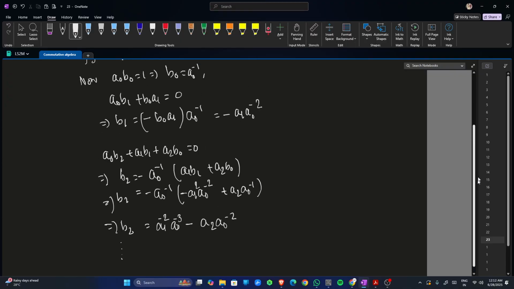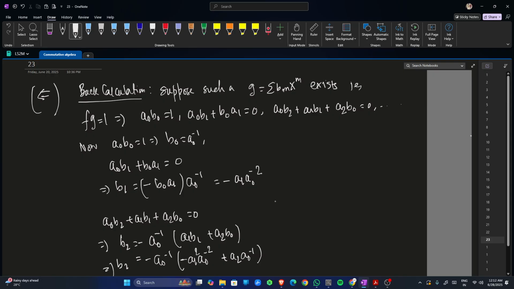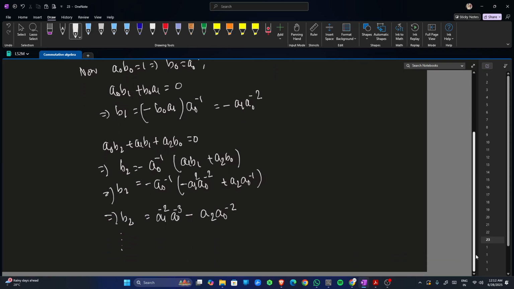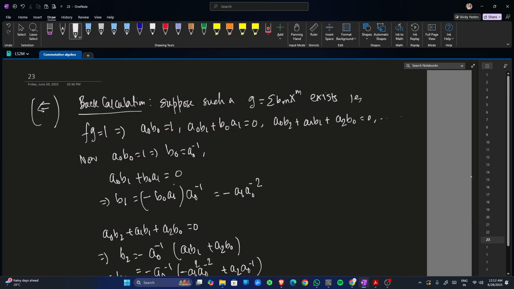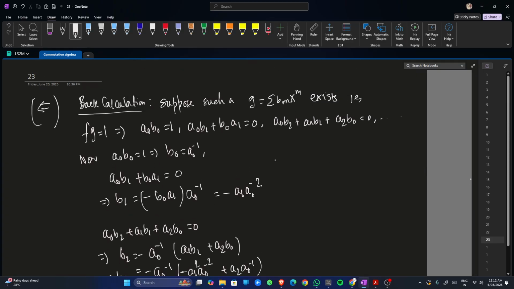So from this technique you can find each and every term of g, and if you take g like that and take the product, this becomes 1. So you have f. Now back to the main problem.